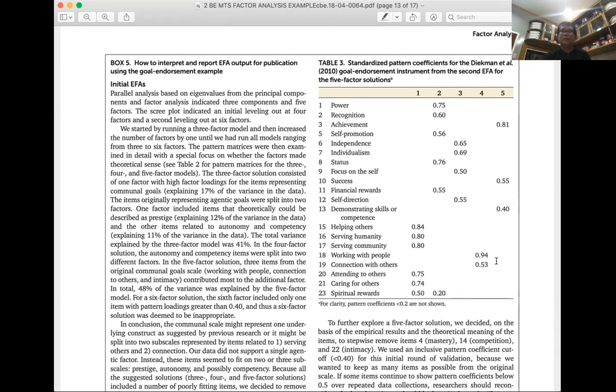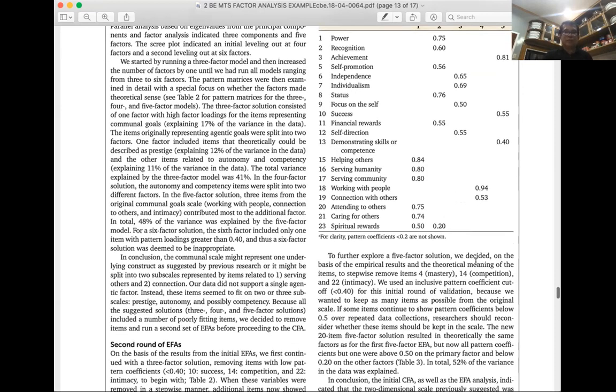Column 4: 0.94, 0.53. And column 5, we have 0.81, 0.55, then 0.40. It is clarified here that the coefficients less than 0.2 are not shown in the table. So if you notice, all of these coefficients are greater than or equal to 0.20.